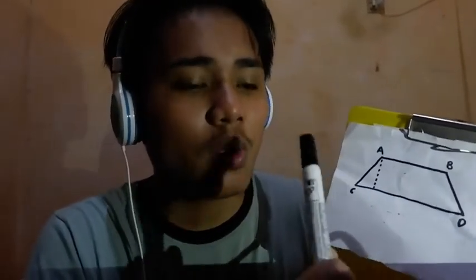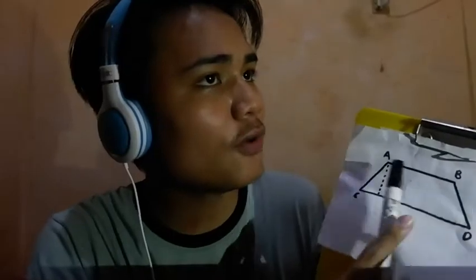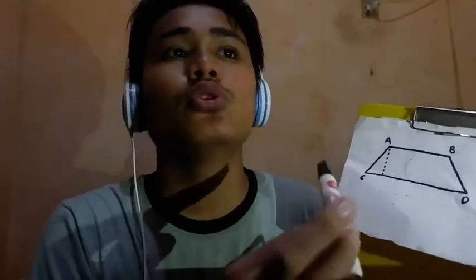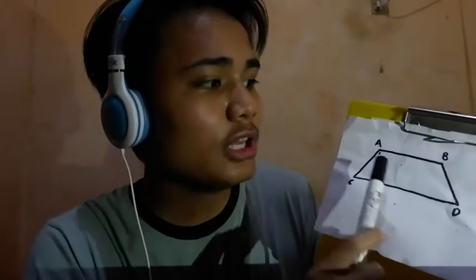The length of the median of a trapezoid equals 1/2 of the sum of the lengths of the two bases. So if we add these bases and multiply by 1/2, that is the length of the median. I think it's enough.